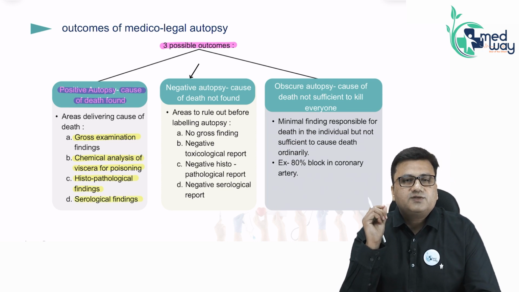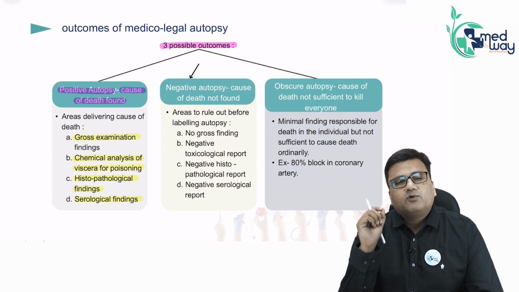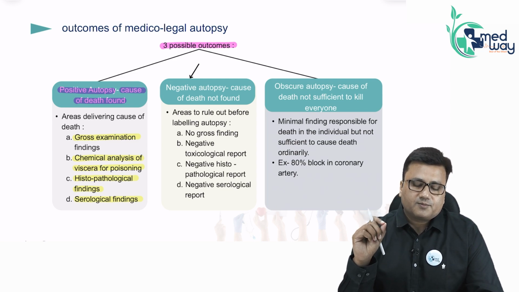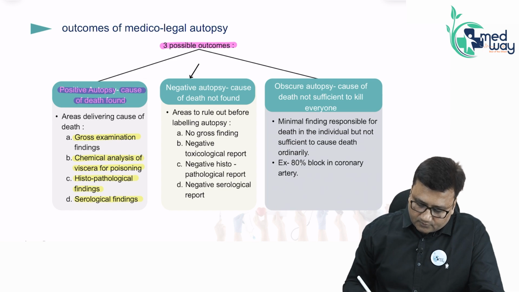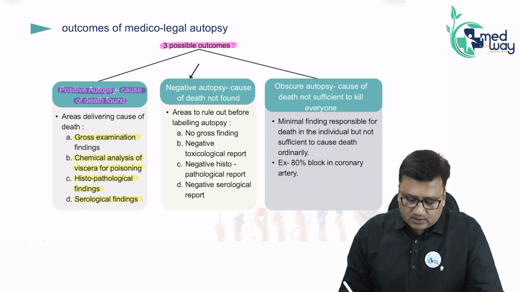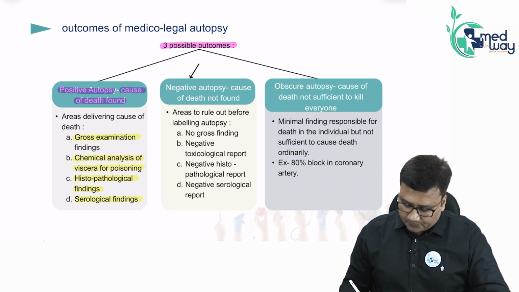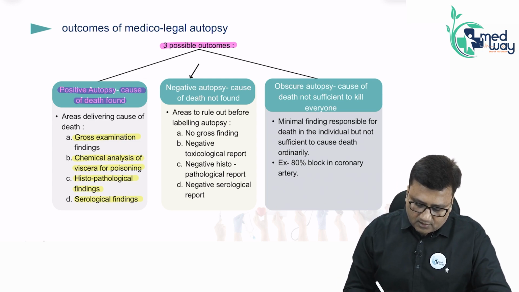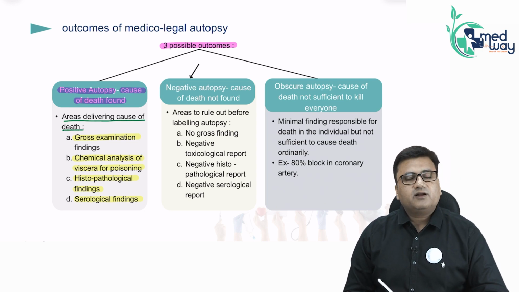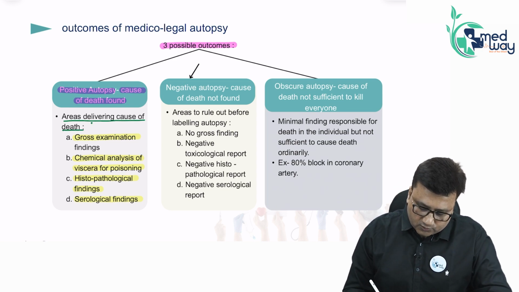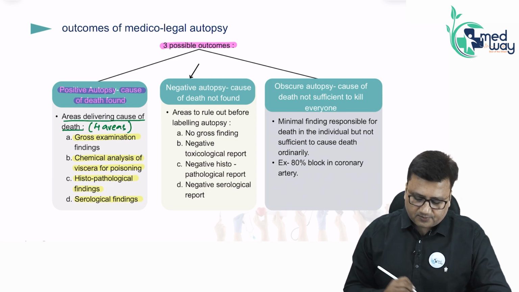serological findings becomes important. So, what I want to ascertain here is that when we say positive autopsy where the cause of death is found, there are 4 areas that can deliver the cause of death. You can see all those 4 areas.